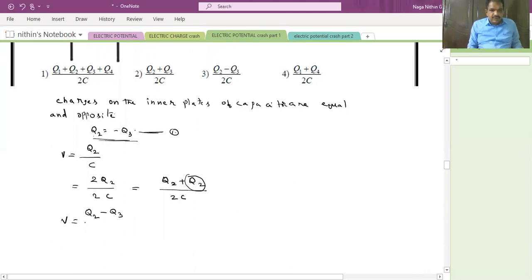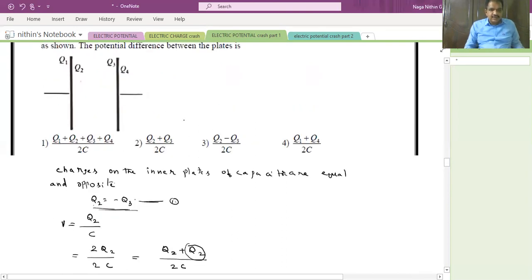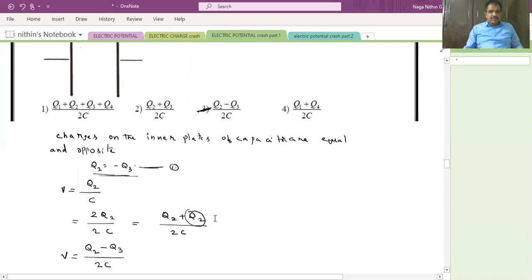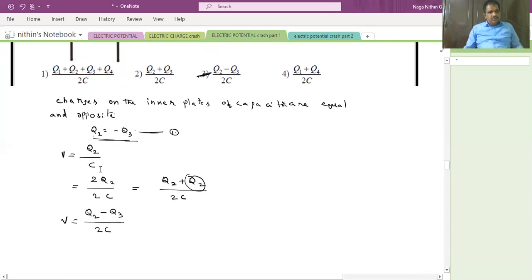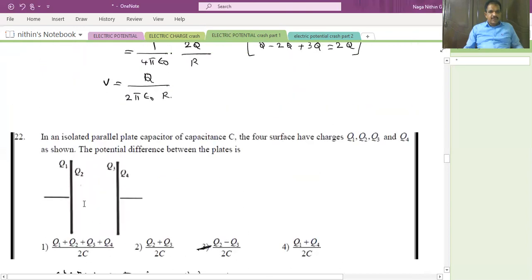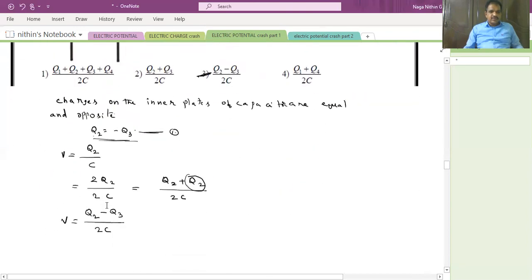Q2 minus Q3 by 2C. This will be the answer. So this will be the third option: Q2 minus Q3 by 2C. Actually, the answer will be simple and direct only: V is equal to Q2 by C. But to confuse you, they are creating all this. So Q2 minus Q3 by 2C will be the answer for this 22nd question.